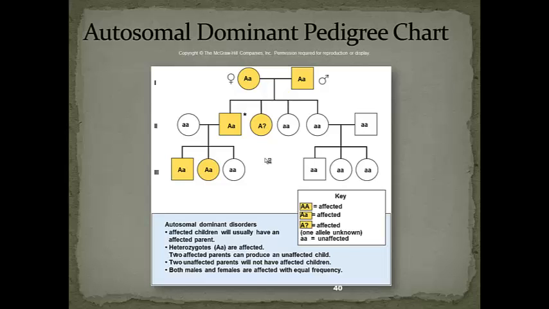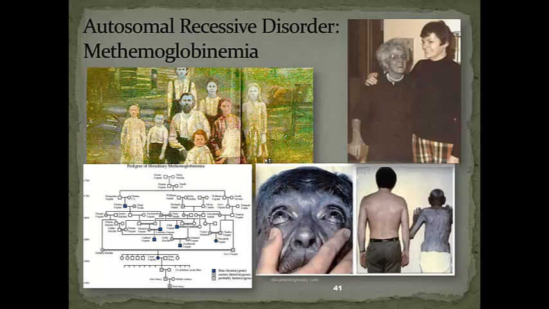I have a few examples of some autosomal disorders. This one is autosomal recessive. It's called methemoglobinemia, and it's caused by the absence of an enzyme, diaphorase. In your blood, you've got hemoglobin, which carries oxygen.